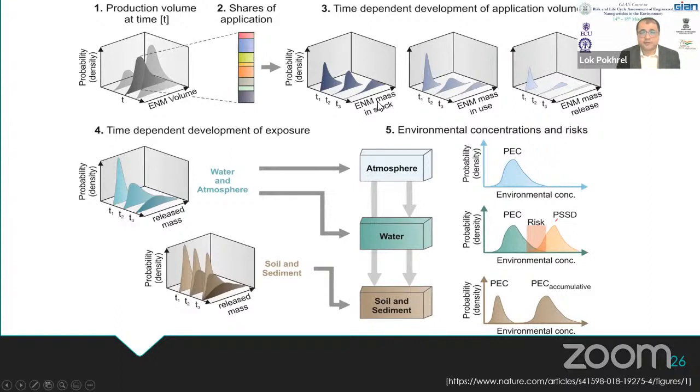And then we have certain nanoparticles in stock, and a portion of what is in stock will be in use, and then a portion of what is used will be released to the environment. So we are starting with a small quantity to begin with, right? So if we have a small quantity at the start, ultimately the amount that is released will be a small fraction of that initial quantity.